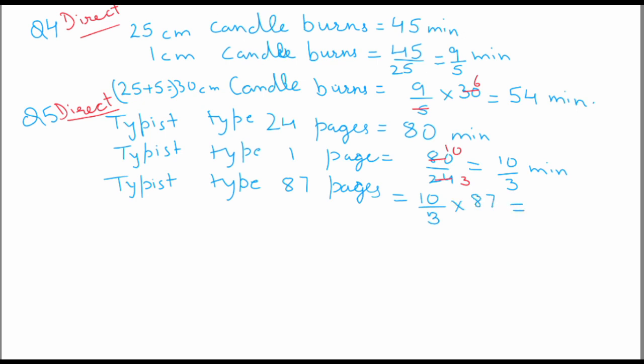So 3 can cut 87, 29... he needs 24 tens are 240 minutes to complete 87 pages.